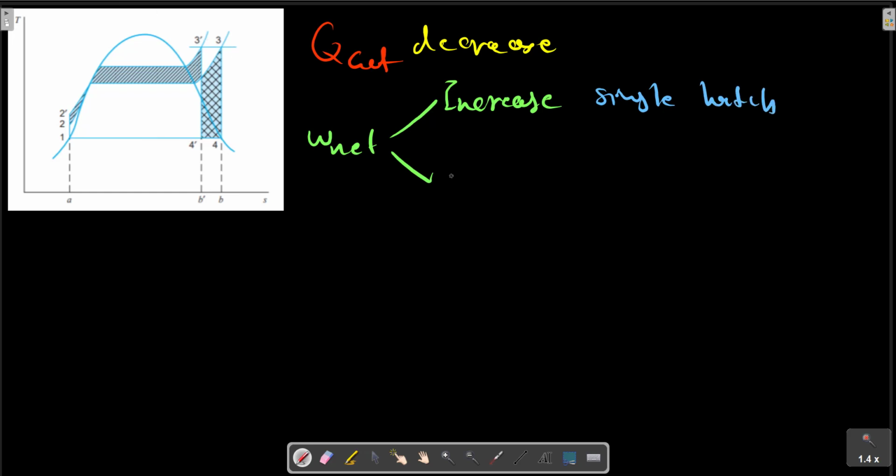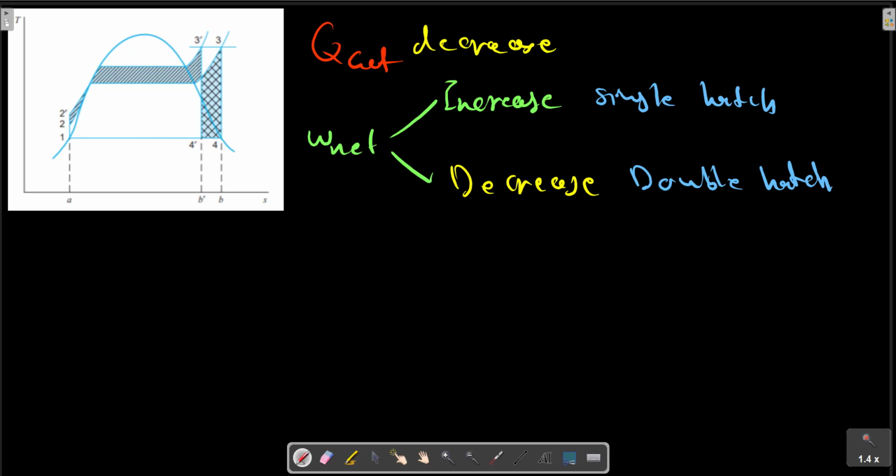On the other hand we also have a decrease in work by the double hatch, so Q out decreases and W net decreases. Therefore the network tends to remain the same, but the heat rejected increases.